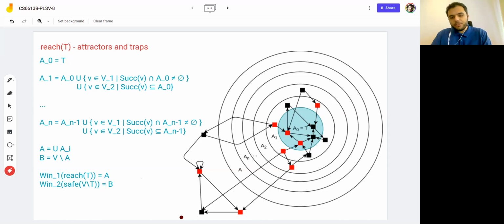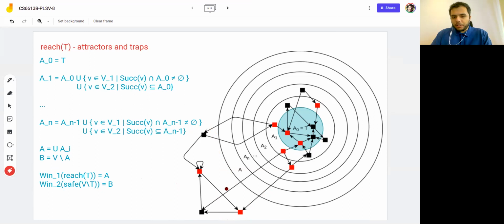In previous sessions, I informally said that the complement of an attractor is a trap. What I meant was that player two can keep the game here and make sure that player one can never reach any of the target sets T.